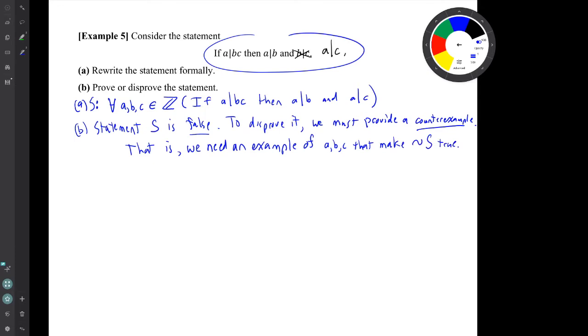So to disprove statement S, we have to come up with a counterexample. That is, we have to give an example of an A, B, and C that makes the negation of S true. Well, for that, it'll be helpful to write what the negation of S is.